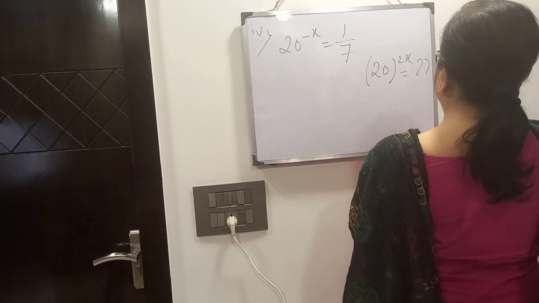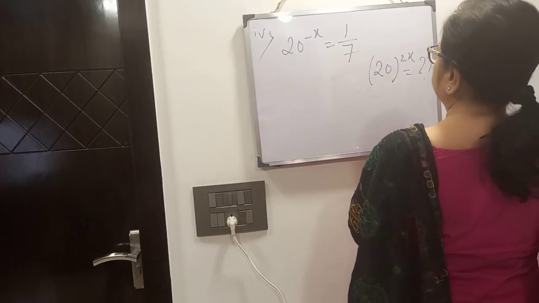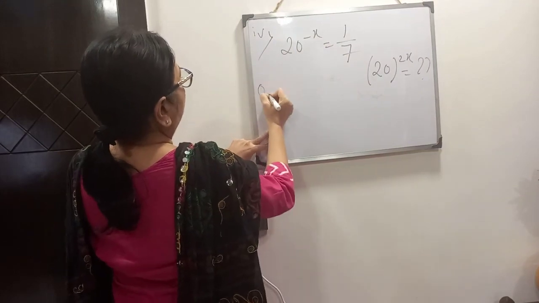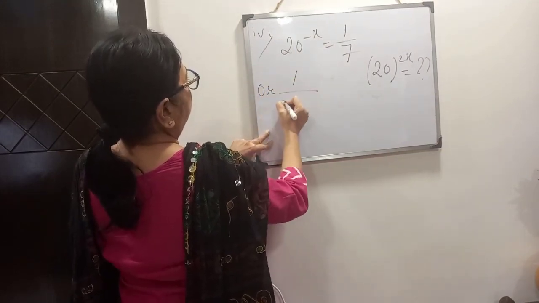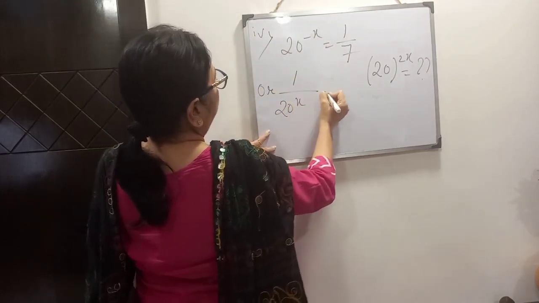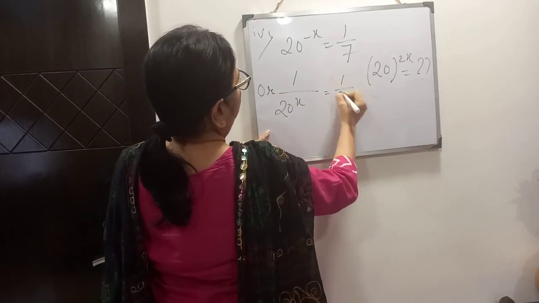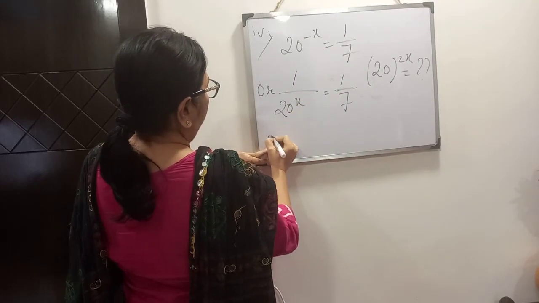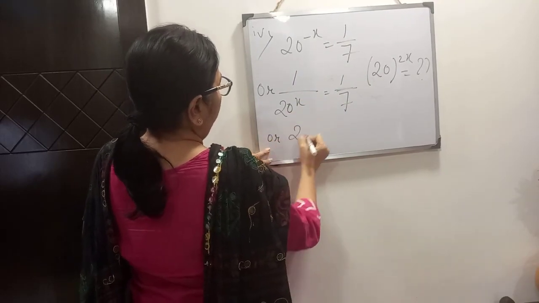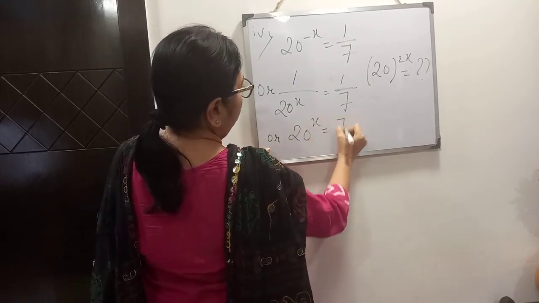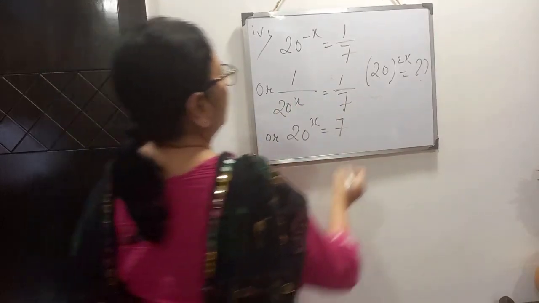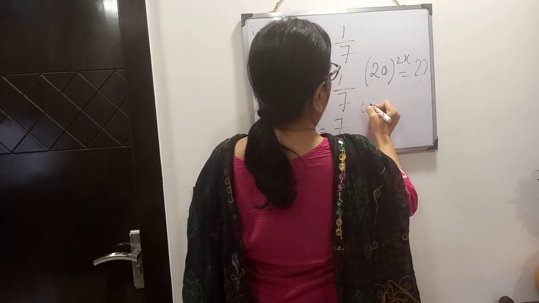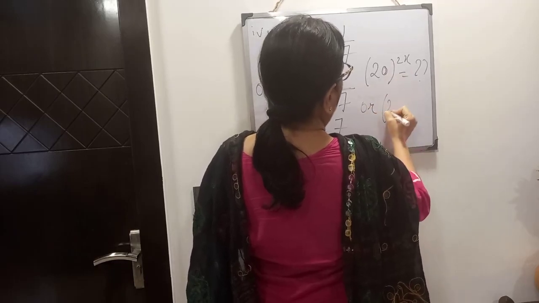Now 20 to the power minus x. You know when the power is negative, we can write it in this form: 1 by 20 to the power x equals to 1 by 7. Clear? Power is negative, so it will come in the denominator. Now cross multiply: 20 to the power x equals to 7. Clear? You have to calculate the value of 20 to the power 2x. So this one we can write in this form.